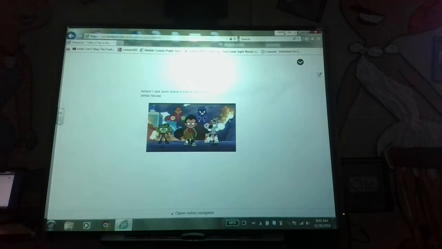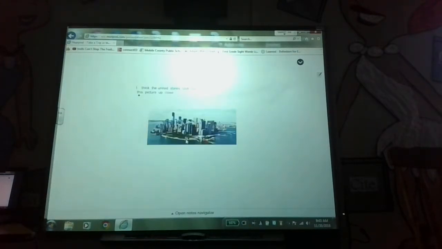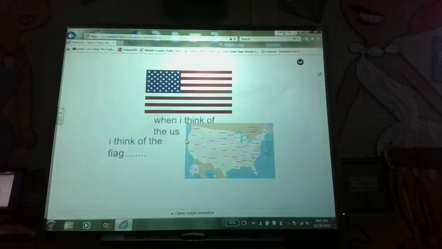Here's another one. I think the United States looks like this picture up close. Good job. Okay. Here's the next one. When I think of the U.S., next time put U period S period, okay? When I think of the U.S., I think of the flag. Good.